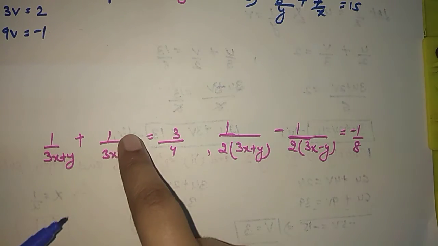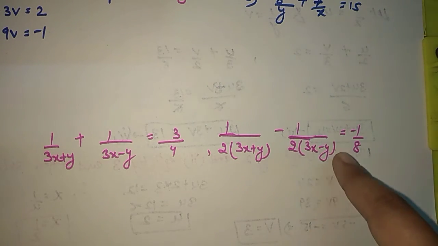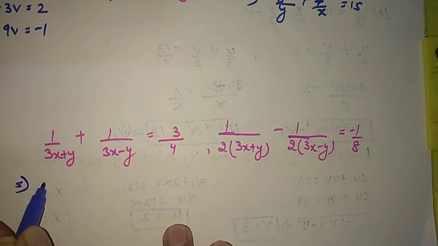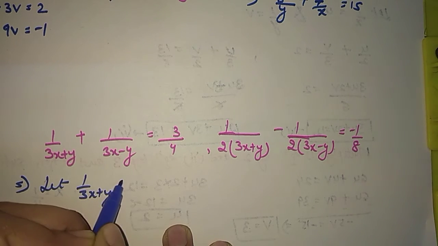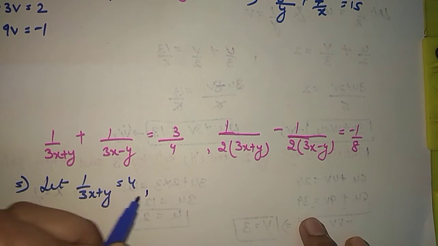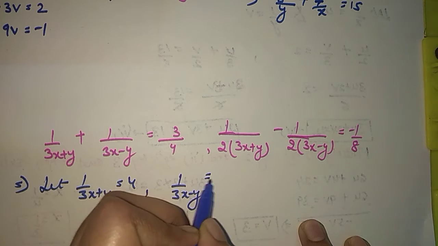We have here 1 upon 3x minus y, and we have here 1 upon 3x minus y. So again, let the variables u and v. So I will suppose let 1 upon 3x plus y is equals to u, and 1 upon 3x minus y is equals to v.